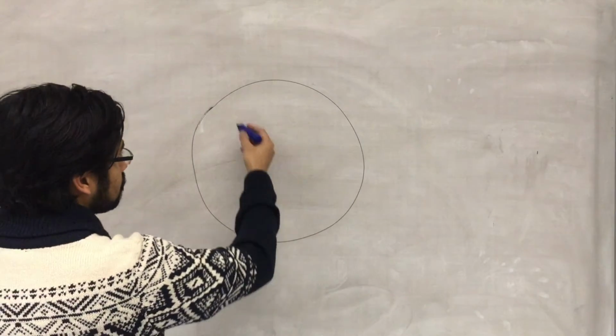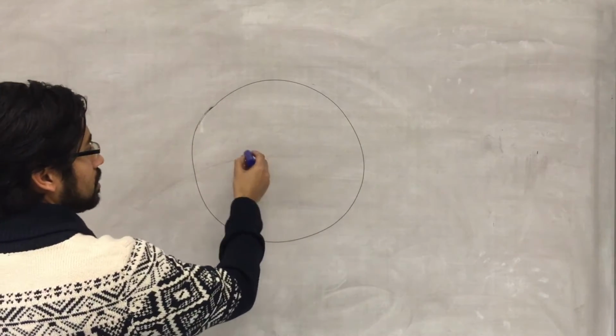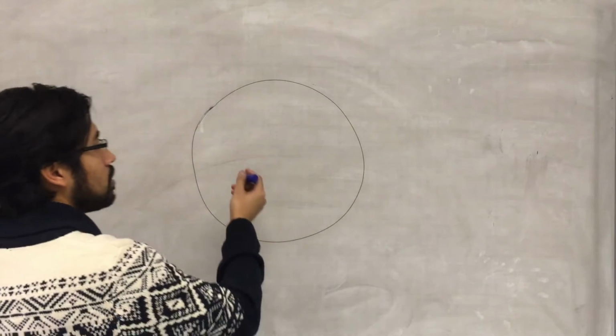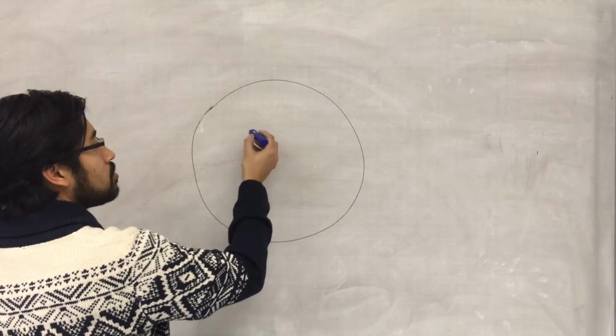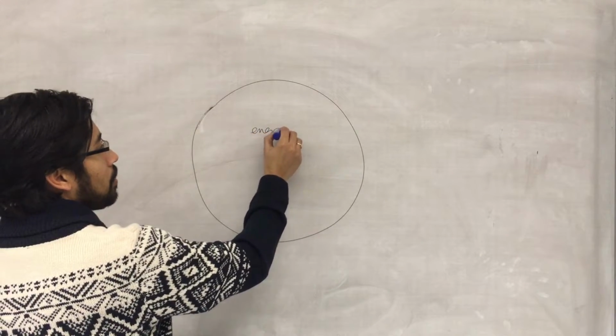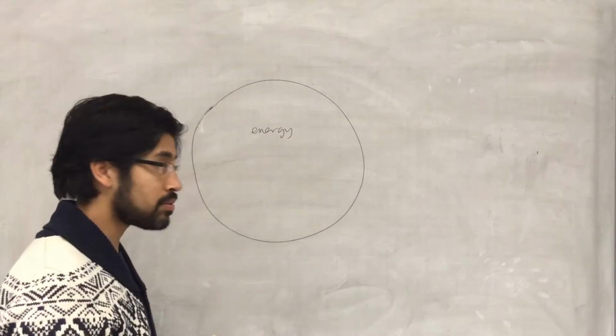So you have a cell here. Now the cell is alive, the cell is living because it has a way to make energy. Well, not make energy, but release it from other molecules.